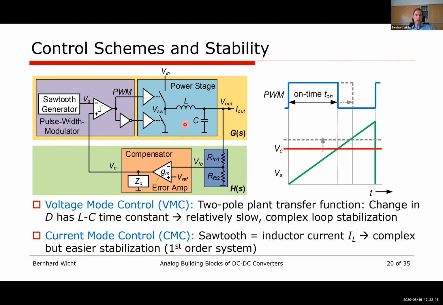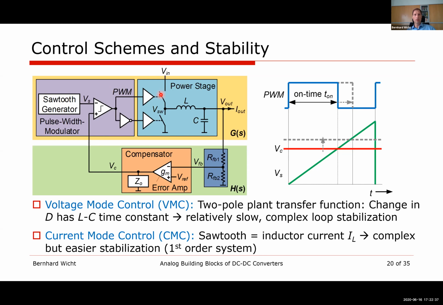And now you feed that voltage signal as a ramp signal into your loop. And now instead of applying the sawtooth generator, we apply that ramp signal to the comparator. As you can see, there's a second loop, the inner loop and the outer loop. That makes it complex. But now we can do the calculation.